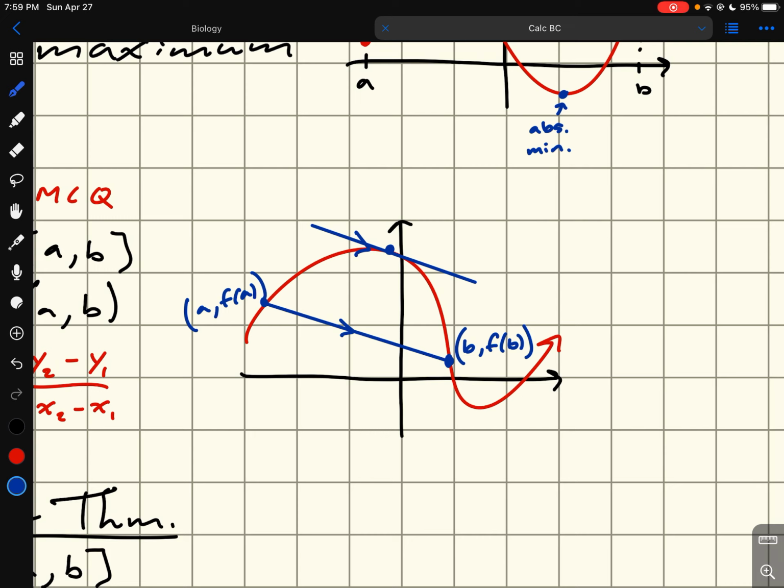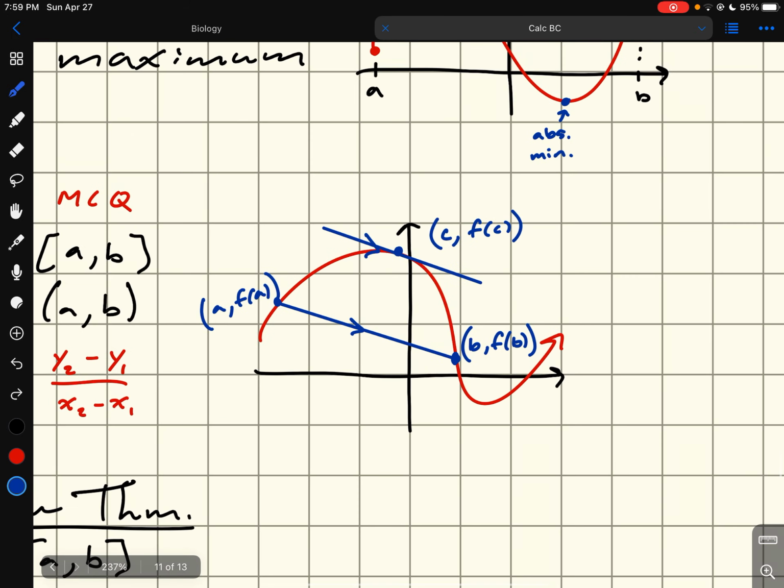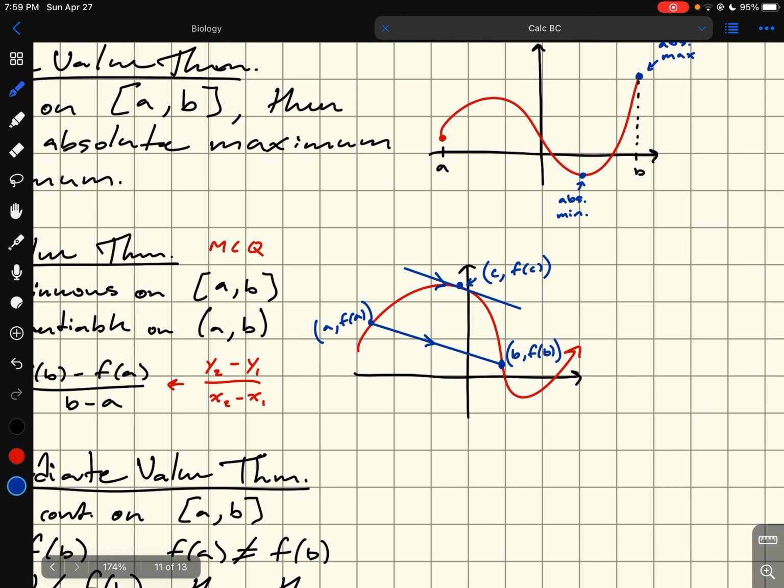So they're saying that you have some x value c that you can plug into the derivative that will give you the same derivative as the slope between these 2 points. So that's c, f of c.